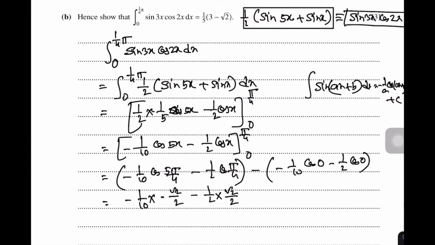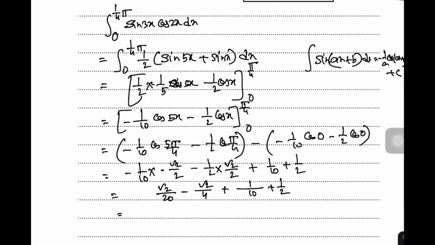Then this is plus 1 by 10, plus half, root 2 by 20, minus 4 root 2, plus 1 by 10 plus half.